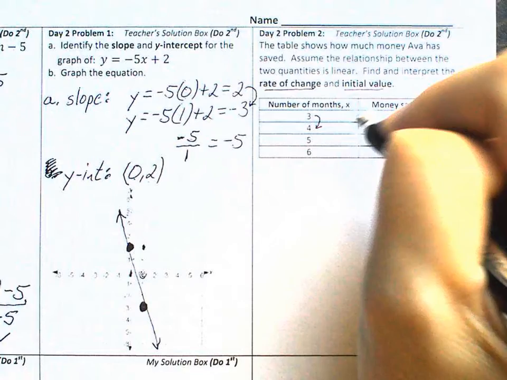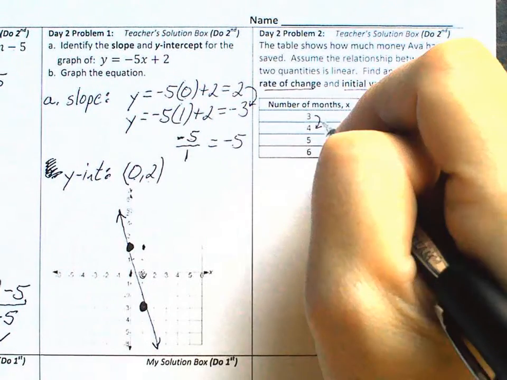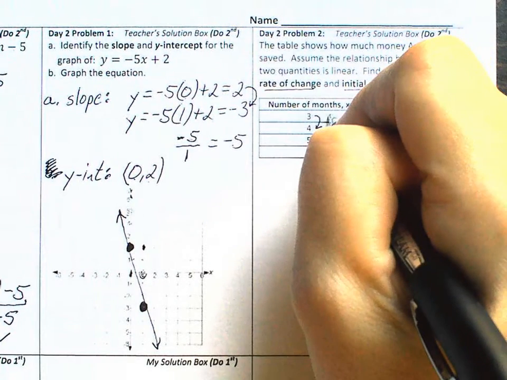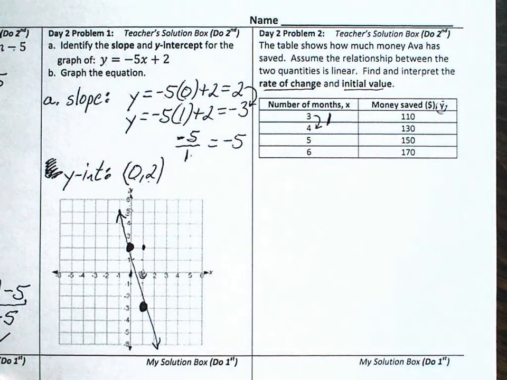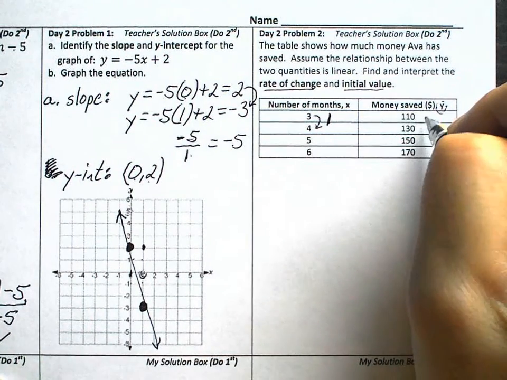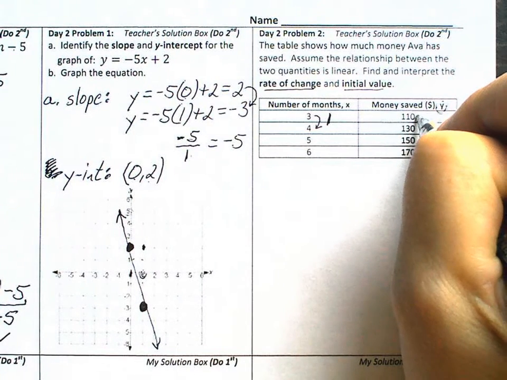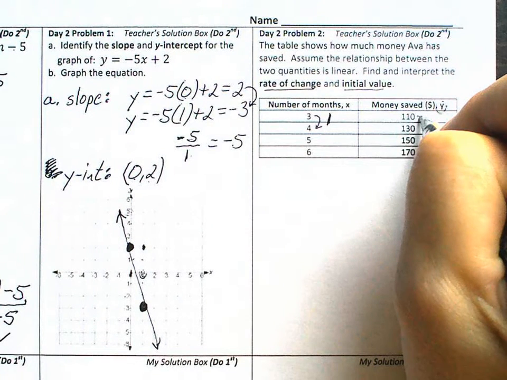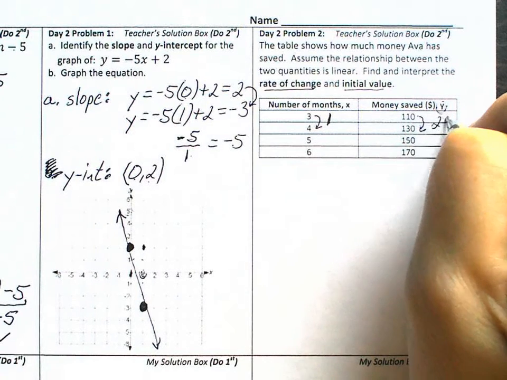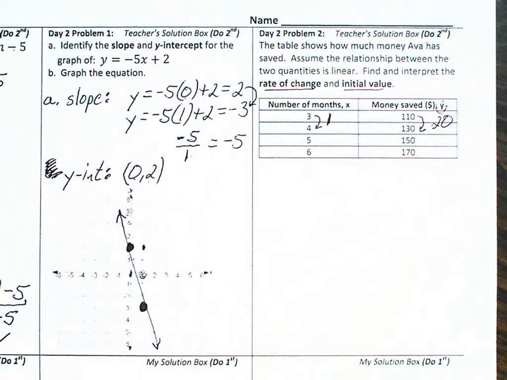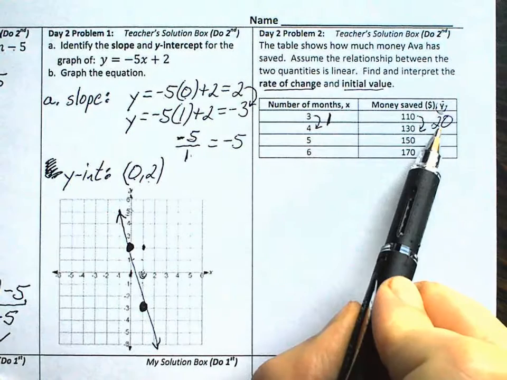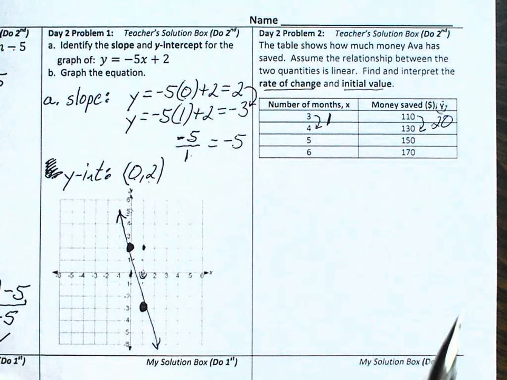From 3 to 4, the value of x has increased by 1. 1 month has gone by. Now, in that 1 month, what happens to the value of y? It changes from 110 to 130. So it has increased by $20. And we can write these two changes as a rate, what rate of change is.